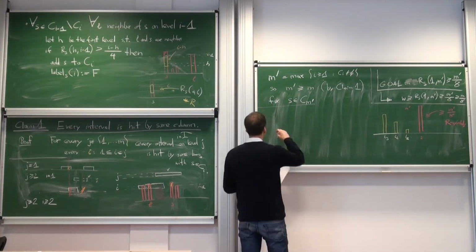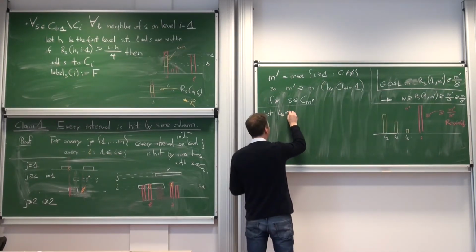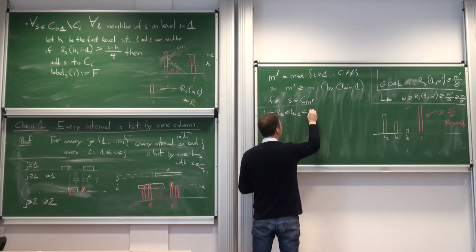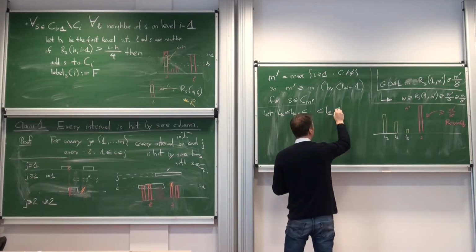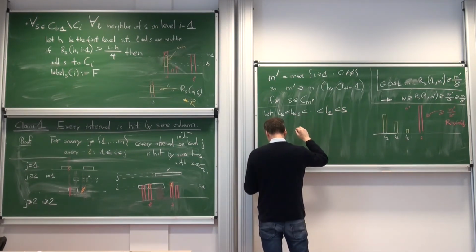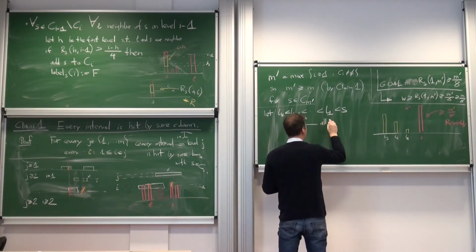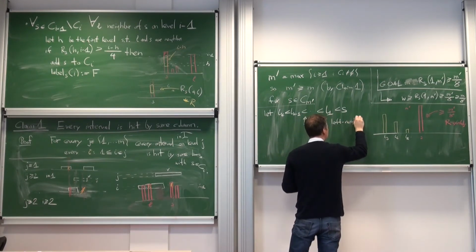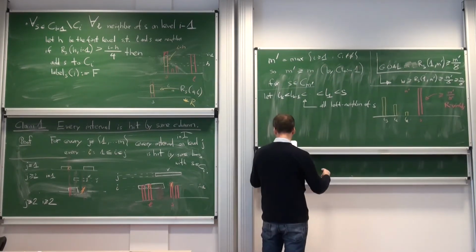So let L1 up to Lk minus 1, Lk, which are all less than S, be all the left neighbors. And now we also want to record the heights.